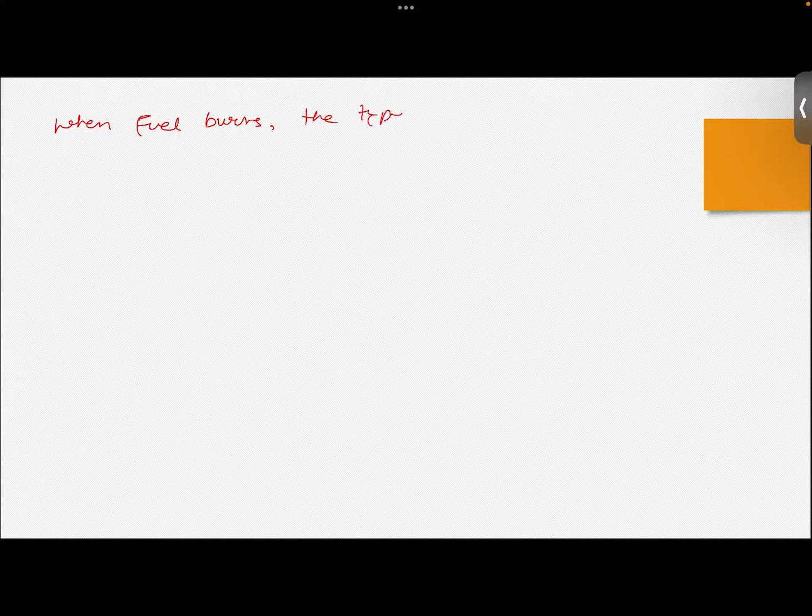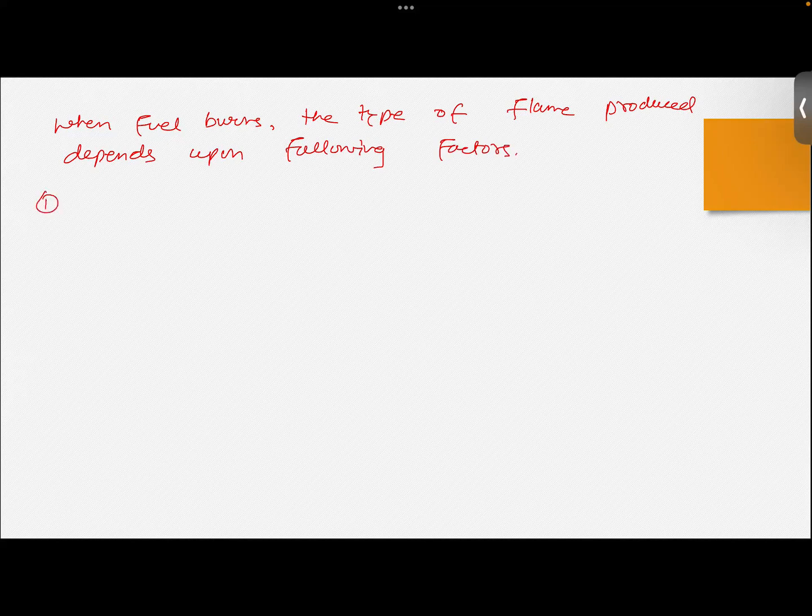When fuel burns, the type of flame produced depends upon the following factors. The first factor is availability of air, or we mean oxygen supply.